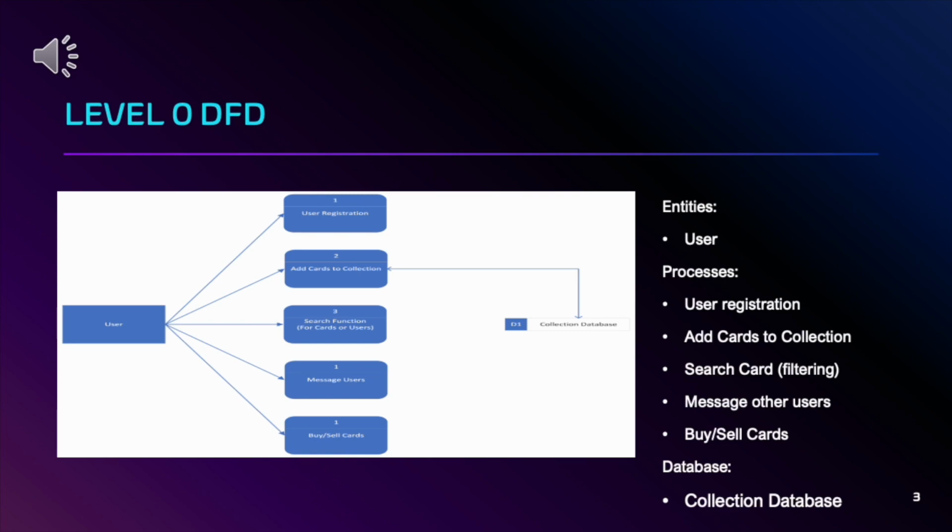They could buy and sell cards. And lastly, the database here is the collection database, which is just files of data and information of their collection or any cards that are within their account or tied to their account.